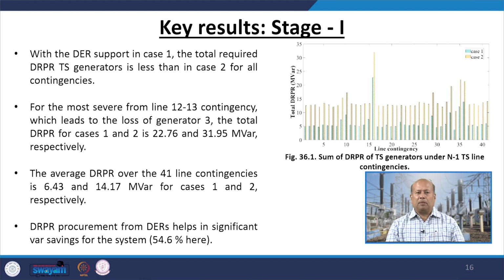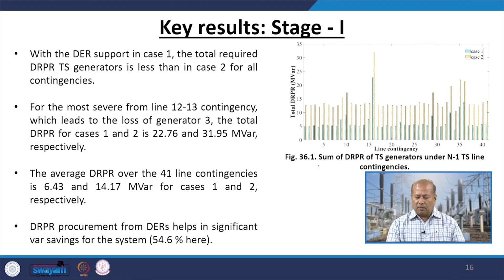The average DRPR over the 41 line contingencies is 6.43 and 14.17 MVAR for case 1 and case 2. Now, you could see the DRPR procurement from DRs helps in significant VAR saving for the system, which is as high as close to 55%.